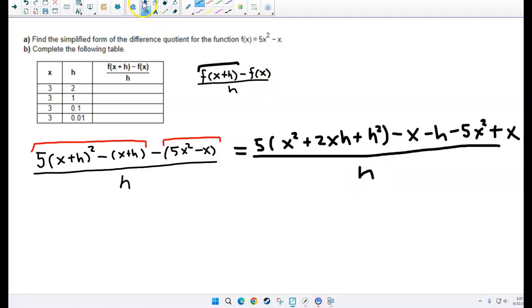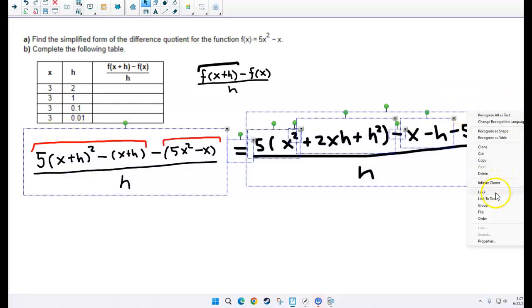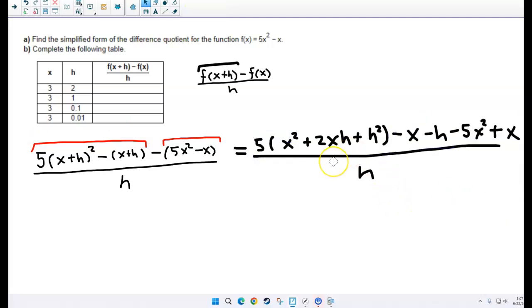So with the majority of these, you'll get a lot of things that will cancel. And since we're looking to cancel out that factor of h down below, ideally all that'll be left over once we combine like terms is terms that contain a factor of h. So if we look at our numerator, if I distribute this 5 in, I'd have 5x squared, and I've got a negative 5x squared over here.